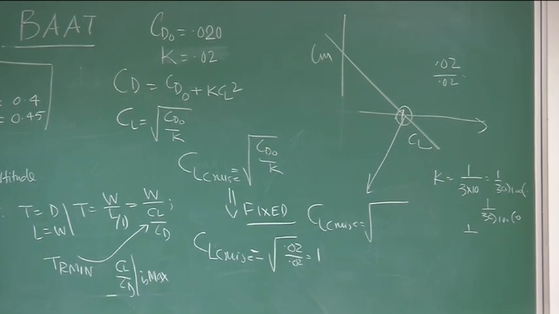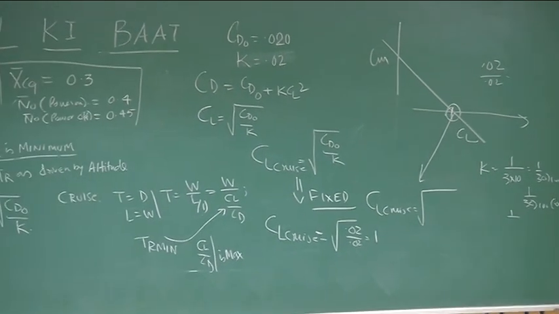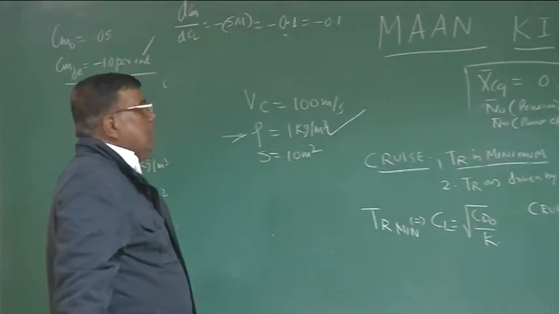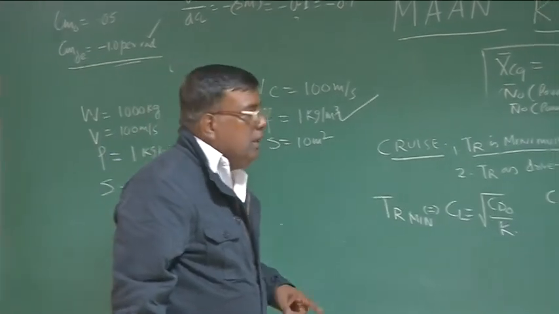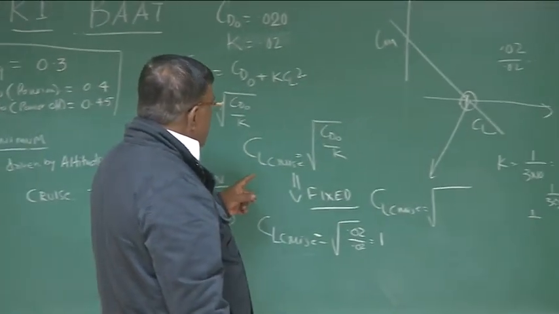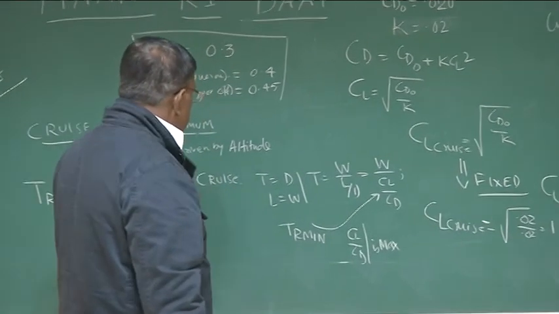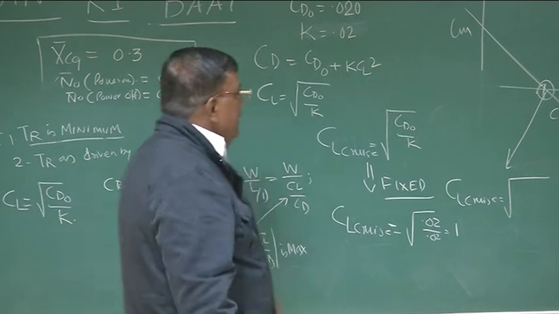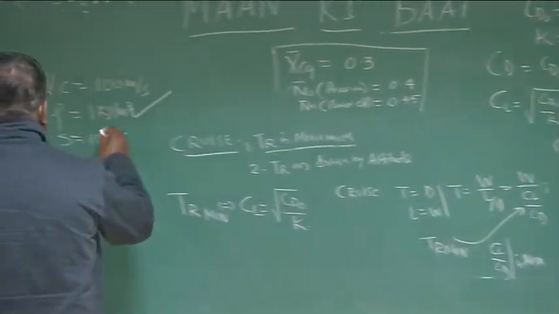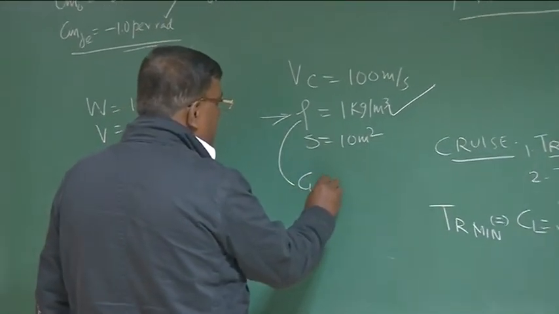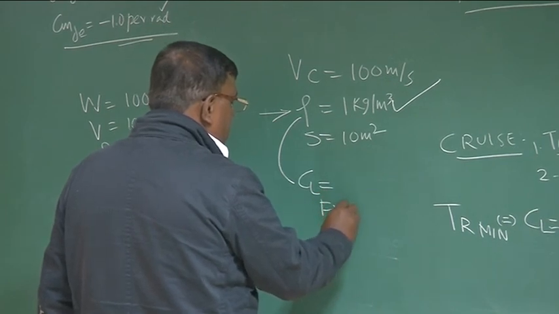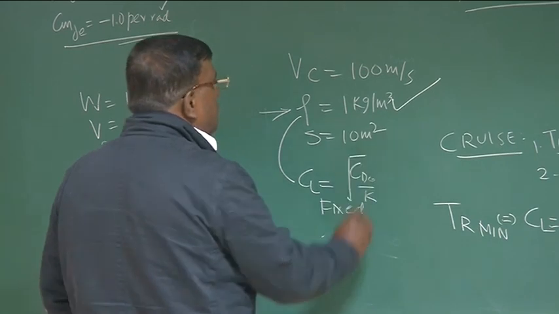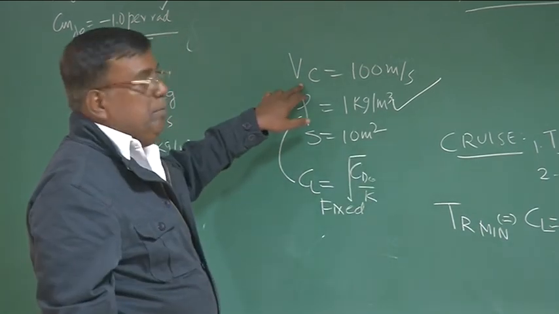The point that I am trying to tell you: if you decide that I want to fly such that thrust required is minimum, that means CL equal to root of CD naught by K, and CL is fixed, then you cannot keep the cruise speed arbitrary.